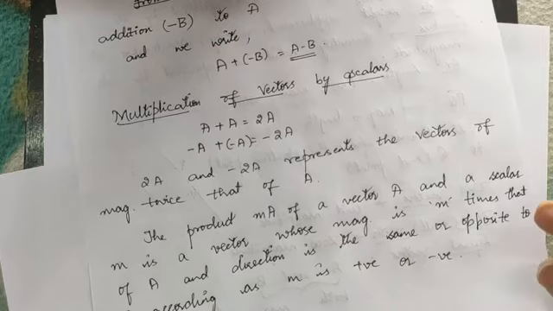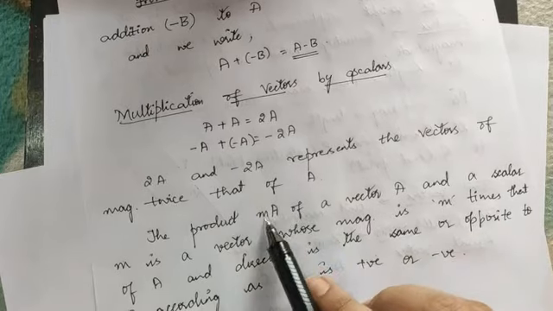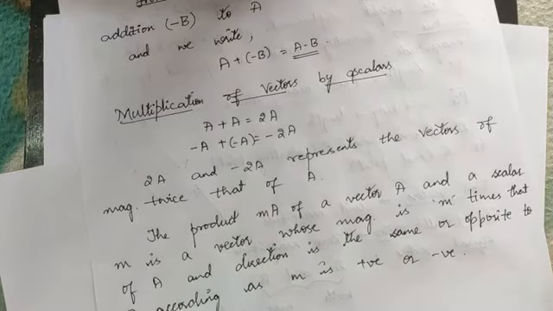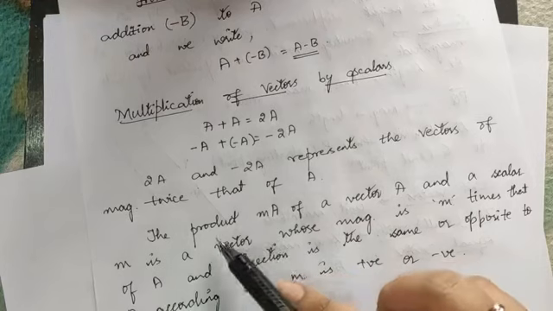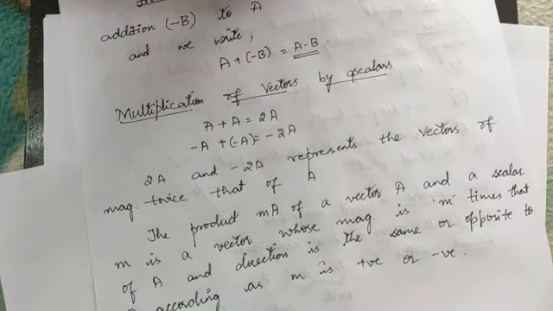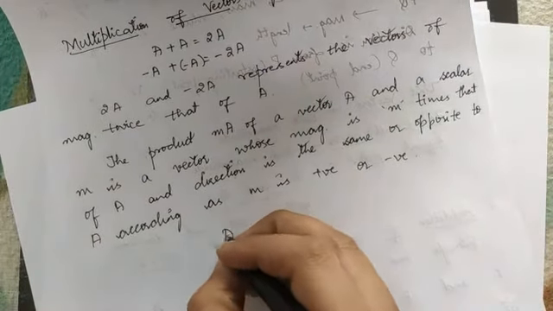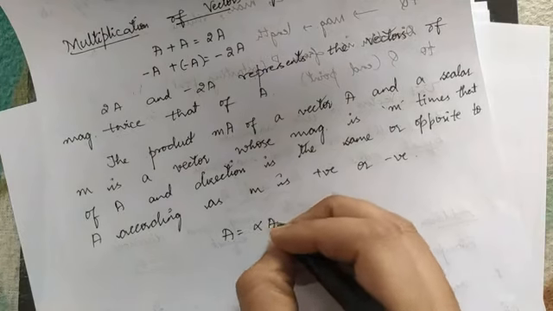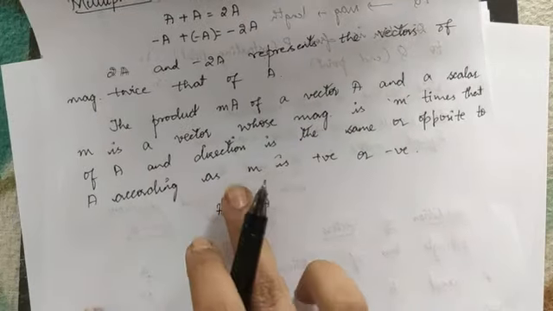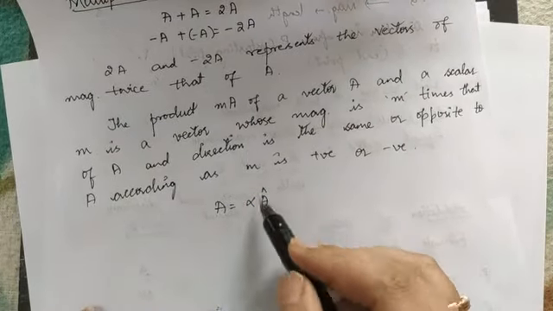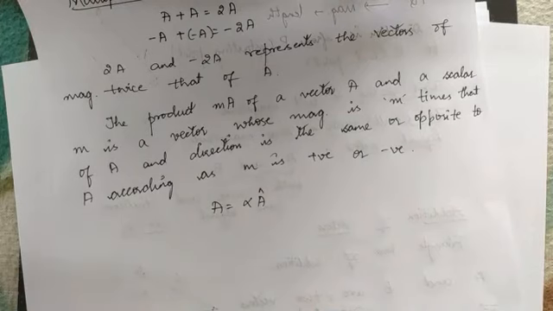If the value of m is positive, you will get a positive direction, that is mA itself. If the value of m is negative, you will get the product as minus mA. This is about multiplication of vectors by scalars. We will represent this as A equal to alpha into A cap. Alpha is the scalar, A cap is your vector.